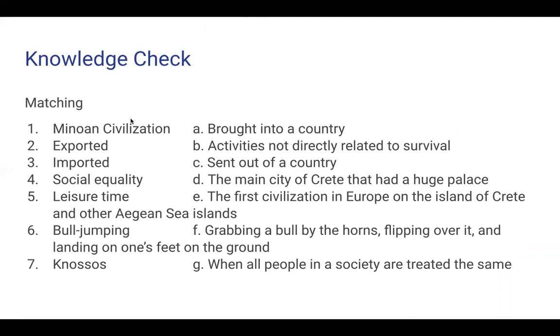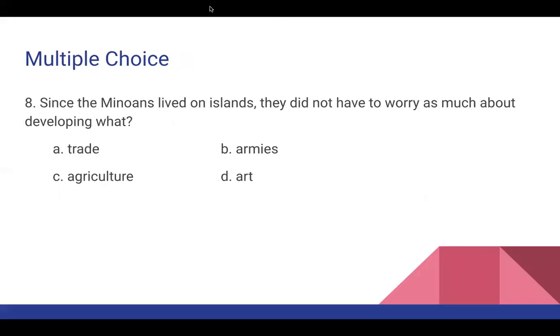Social equality means when all people in a society are treated the same. Leisure time are activities not directly related to survival. Bull jumping is grabbing a bull by the horns, flipping over it, and landing on one's feet on the ground, while Knossos is the main city of Crete that had a huge palace.